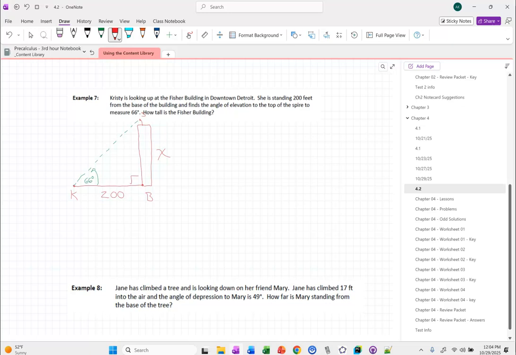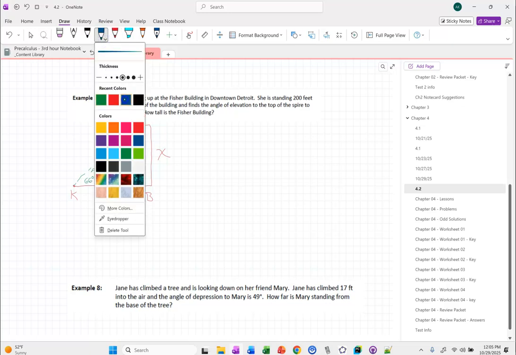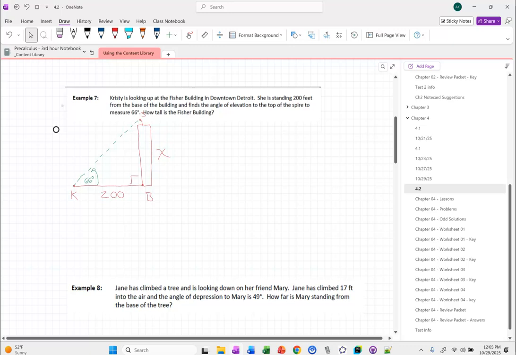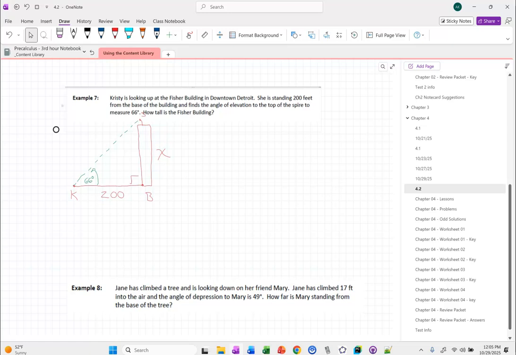For the most part, that's the way things want to do it. So this now just becomes a right triangle trig problem. Relative to the 66, what sides are we interested in? Opposite, adjacent, or hypotenuse? Opposite.